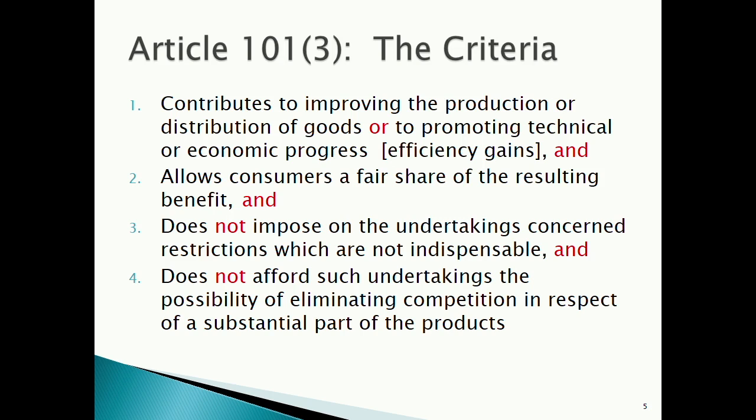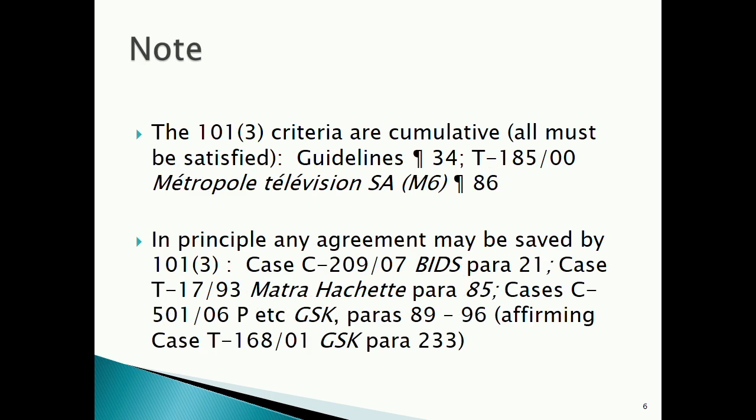Now these criteria are cumulative. Okay? If you're going to attempt to justify a practice, all must be satisfied. Okay? And again, you see that line, it's repeated. In principle, any agreement can be saved by 101.3. In principle.